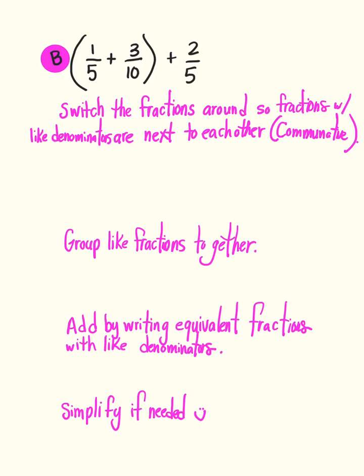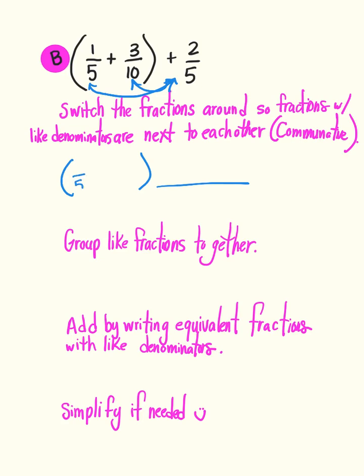Okay, for part B, problem B, you're going to switch the fractions around so the denominators are next to each other. So you're going to use the commutative property. So you're going to probably switch. You want these to be together, so you're probably going to switch these with each other. Then you're going to have the fractions how you want it so they're all together.